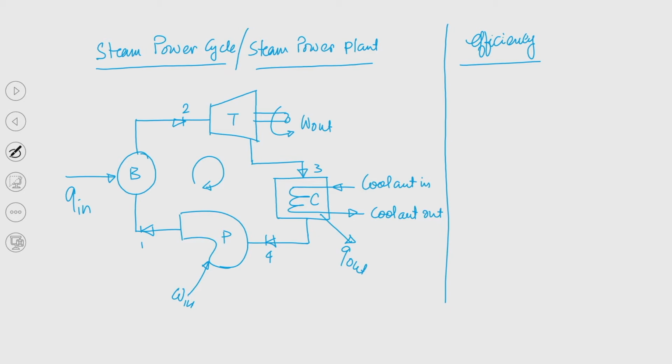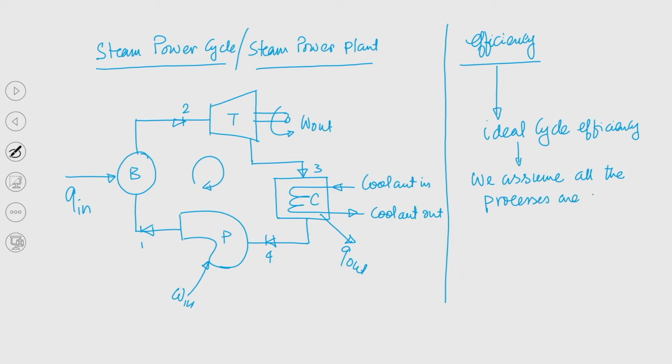So, there are two different efficiencies. One is called ideal cycle efficiency, where we assume all the processes are ideal.